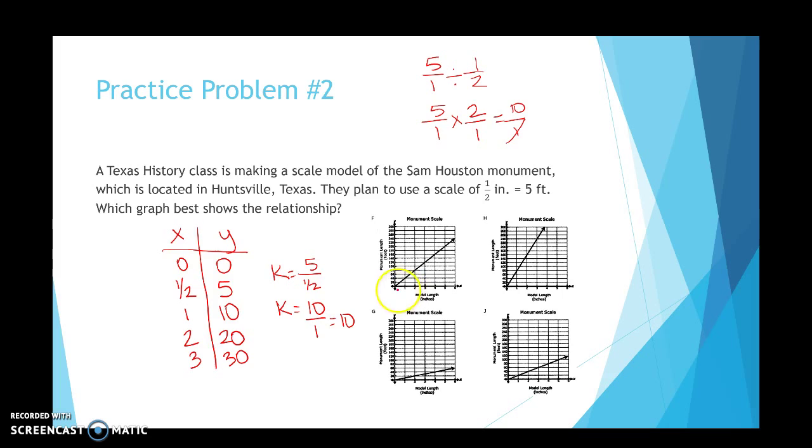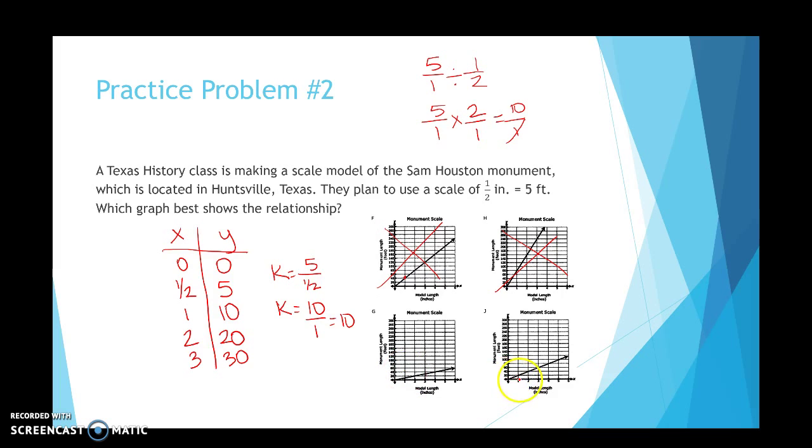This first graph, of course they all go through the origin, has 1 and 40 as my first point. That's not what I'm looking for, so no. The second one has 1 and 80, so no. This next one has 1 and it looks like 10, so maybe. I'll check more points on that one.